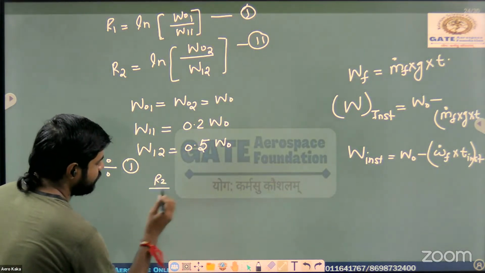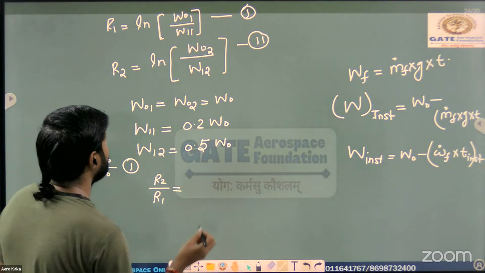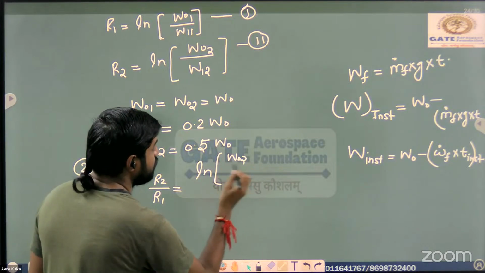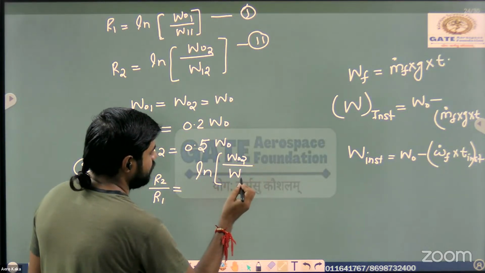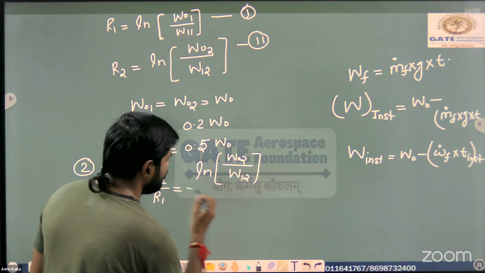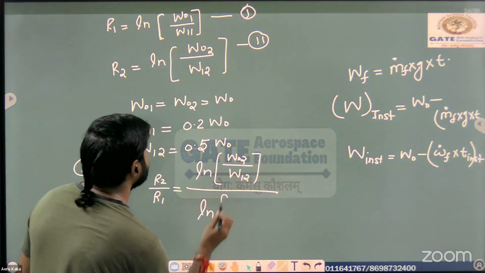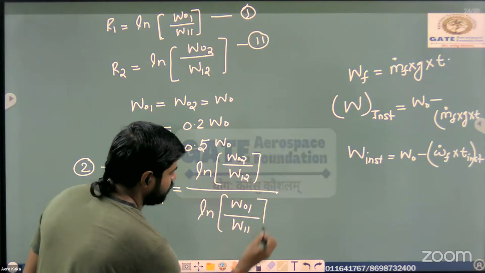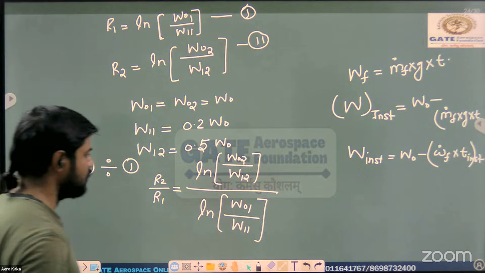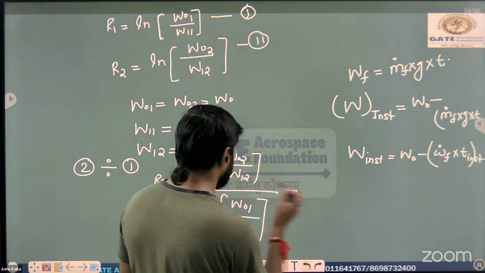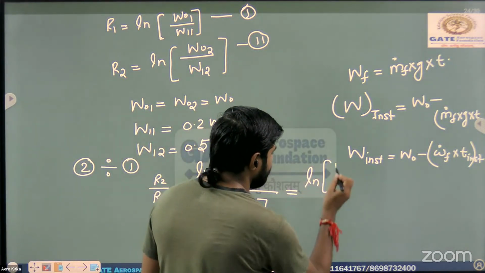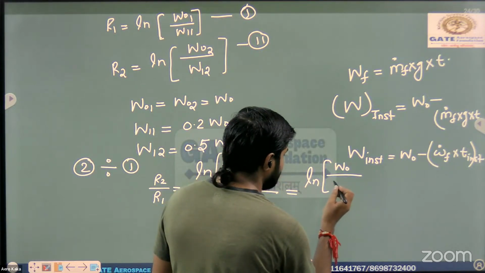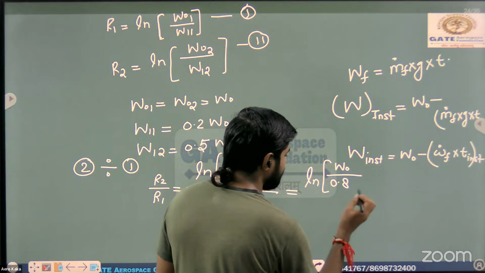R2 by R1 is equal to how much? ln of W02 by W12 divided by ln of W01 divided by W11. Check please. So what is the value of W02? Initial weight is not going to change. And what is W12? It's 0.8 times. Please check, Prabhuji.